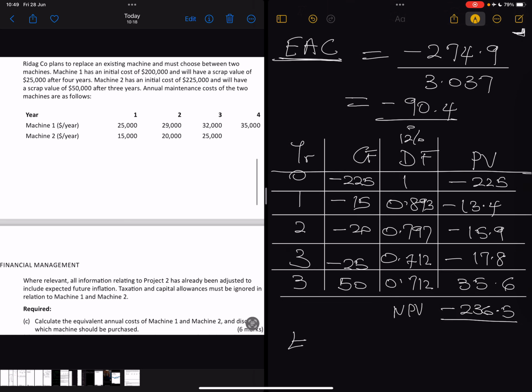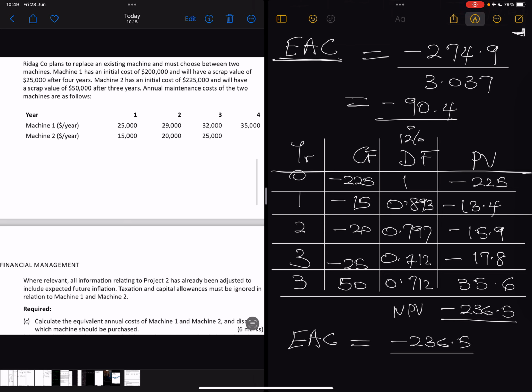Now we need to analyze it by calculating EAC, and that makes it minus 236.5 divided by the annuity factor. Please don't make the mistake of dividing by the number of years. This is an NPV calculation. You cannot simply divide by the number of years and say you have analyzed it. You must use the annuity factor because it's a present value you are working with.